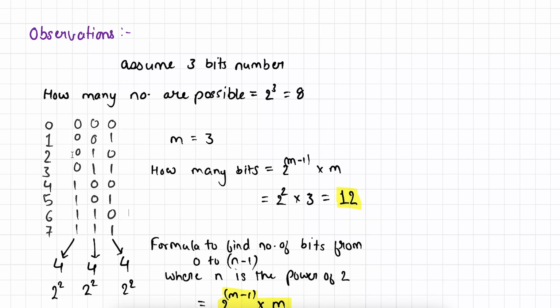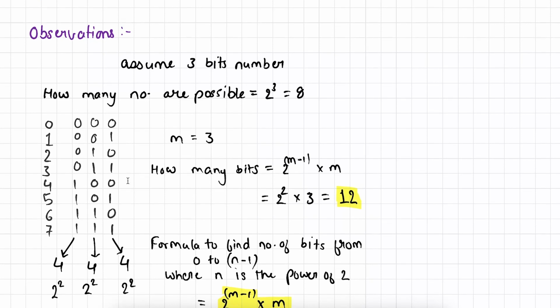If you observe the third position in the binary representation, you see that 4 bits are alternating. It means 4 bits are 0 and then 4 bits are 1. And if you count the ones in all the positions, you see that there are 4 ones in each position.